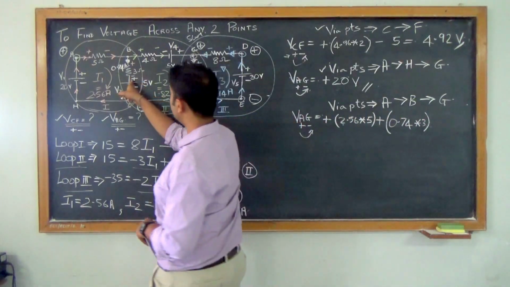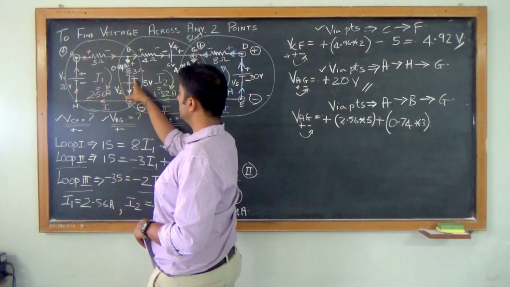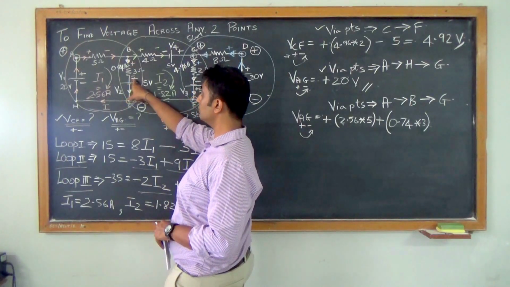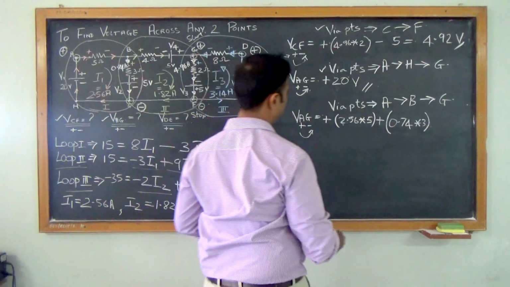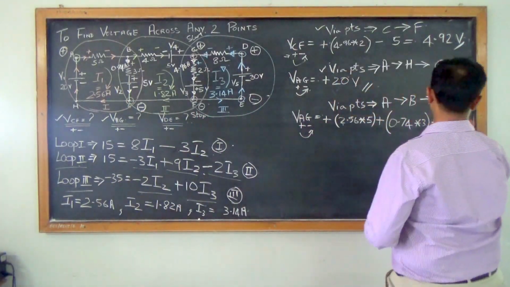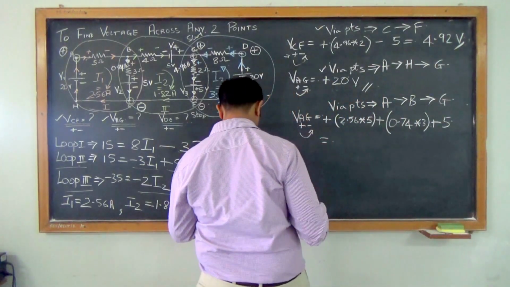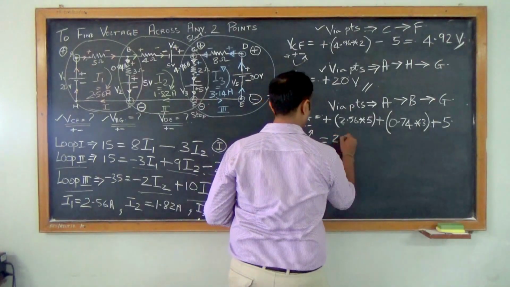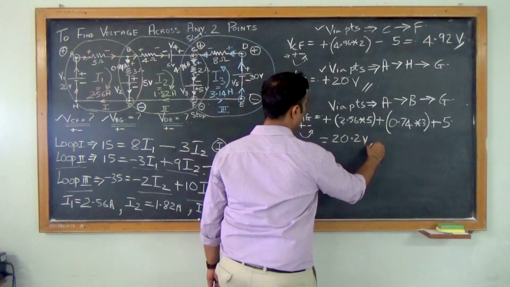Then again the other terminal it comes in contact with after the 3 ohm resistor is the first positive terminal of V2. So again positive into positive, positive, which is 5. So this equals 20.02 volts, which is nearly equal to 20 volts.